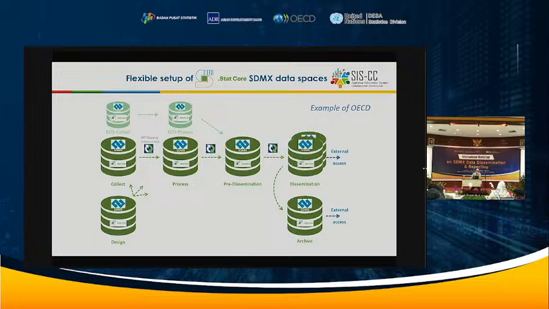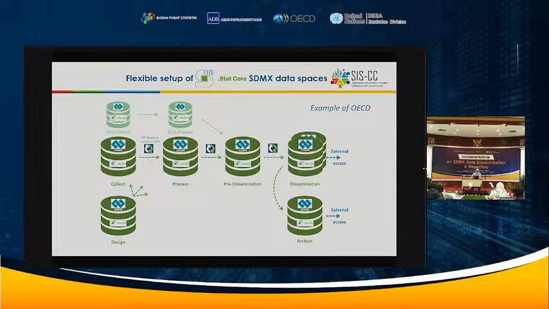So our main spaces at the moment, and this is what TAWISAP has as well, are the design space, which is for experimenting with your structure; the pre-dissemination space, which is for finalized structures where the data's not ready to be disseminated yet; and then the dissemination space, which is publicly exposed, where the data goes out.